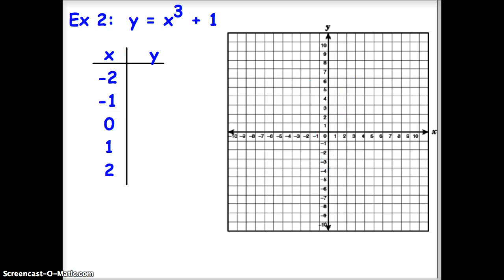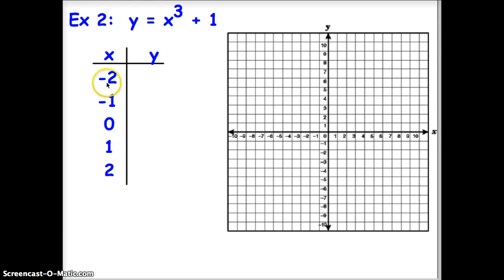Example 2, we've got y equals x cubed plus 1. Now, just like the last problem, if you want, you can show work and write out all of the scratch work that I'm talking through if it helps you.